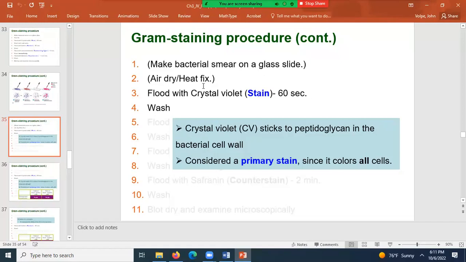You then flood this slide with crystal violet, which is the primary stain, for 60 seconds. Crystal violet will stick to the peptidoglycan in the bacterial cell wall. It's considered the primary stain since it colors all cells the first time.